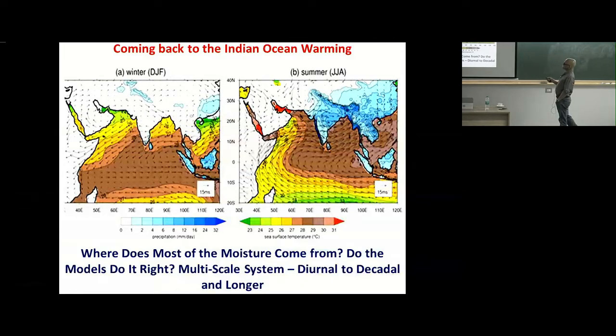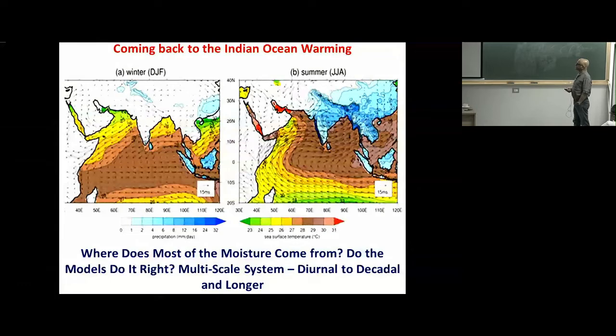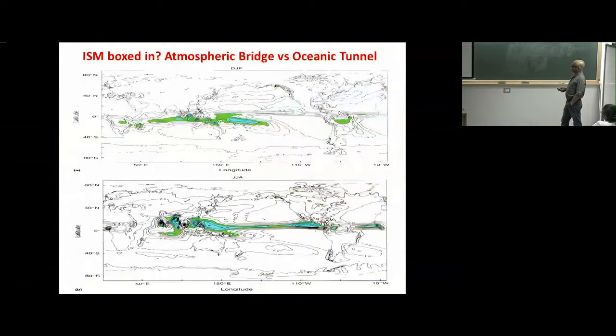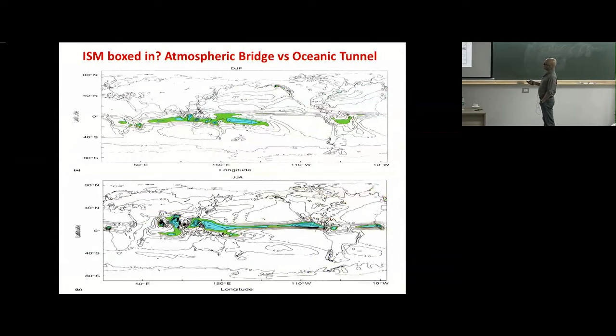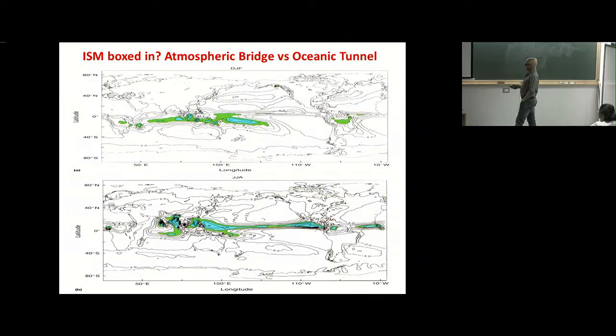Then the question is, with global warming, what is happening to the monsoon? So if you look at the mean rainfall, this is the winter months. Obviously you have negligible rain here which doesn't show up. This is the 10 millimeter per day contour, and you have Amazon rain which happens throughout the year.